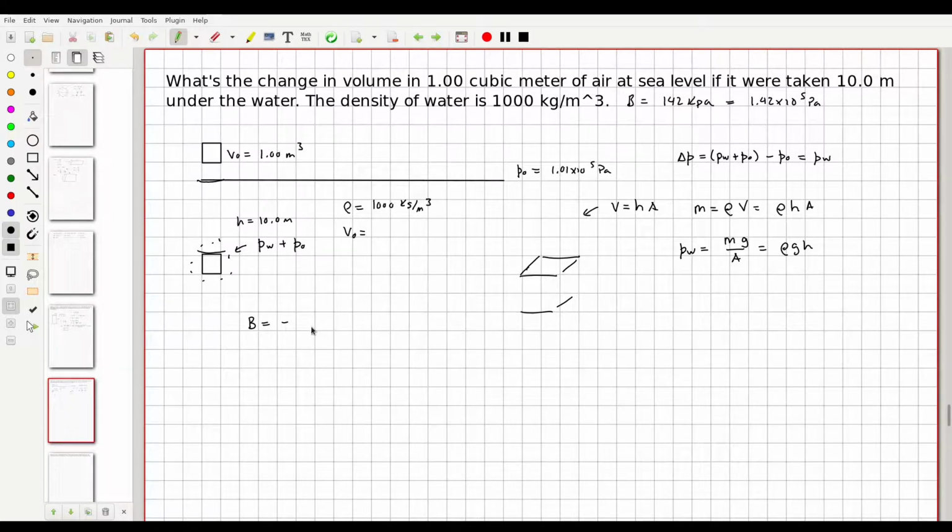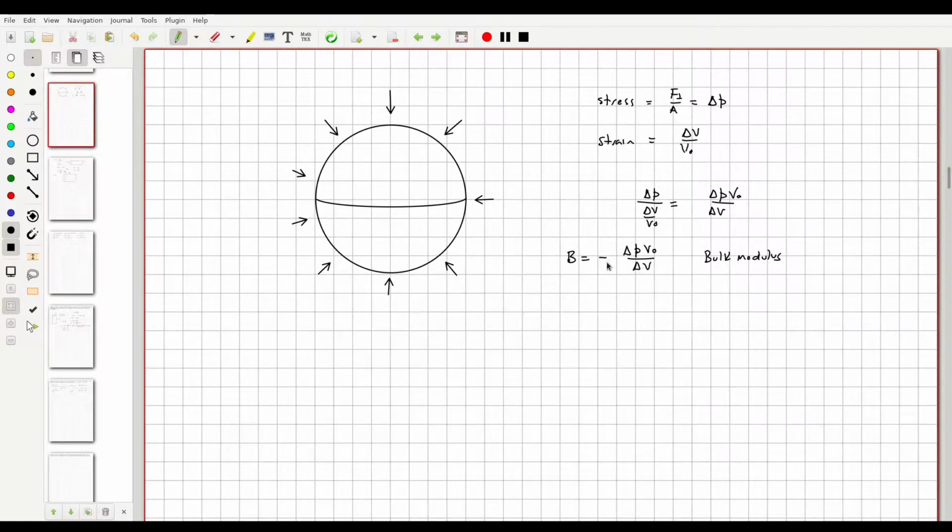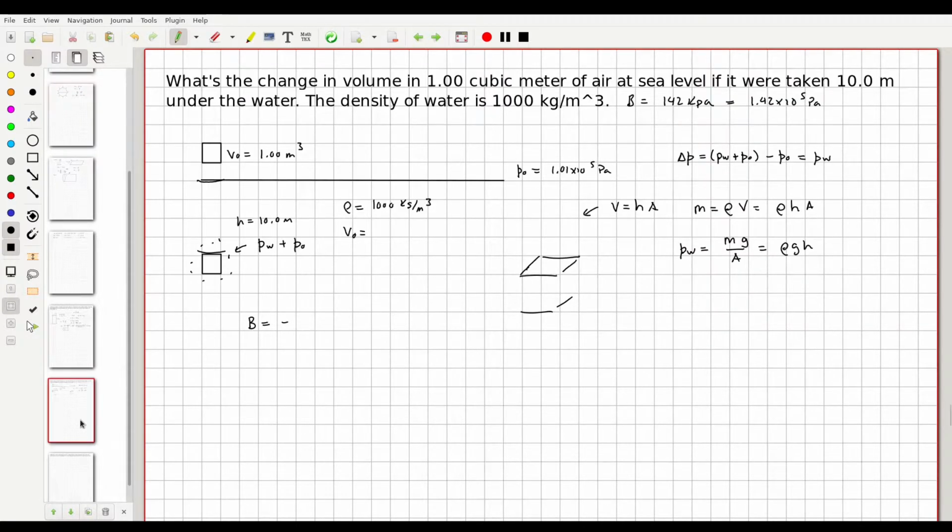Okay? So our bulk modulus is going to be, actually, we just go over here and take a look. B equals minus delta P V naught over delta V. And this is what we're trying to find right here. So delta V is going to equal minus delta P V naught over B. Delta P we've already found. That's P sub W, which is this right here.